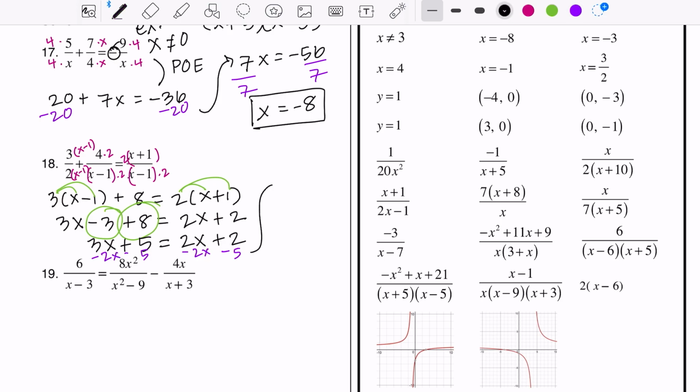And I get x equals negative 3. And the excluded value is only x cannot equal 1. So this is a very good one.